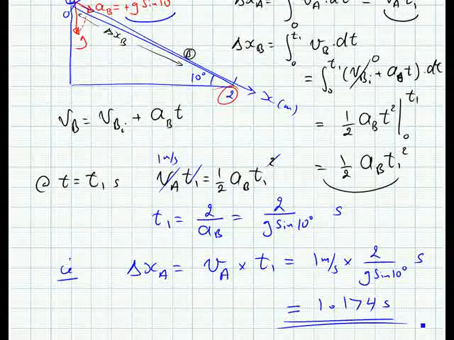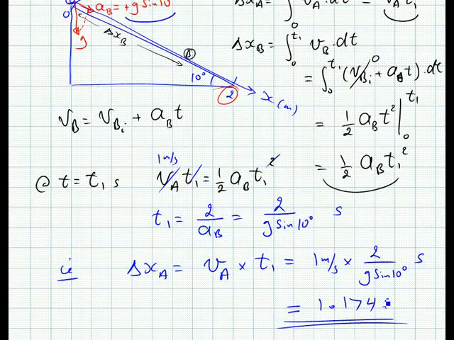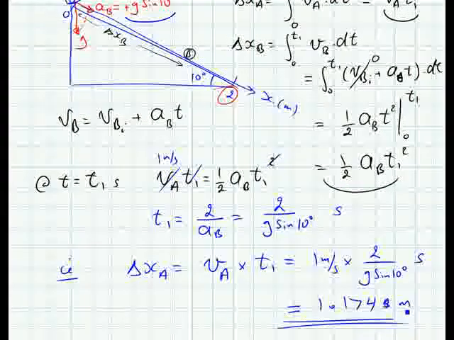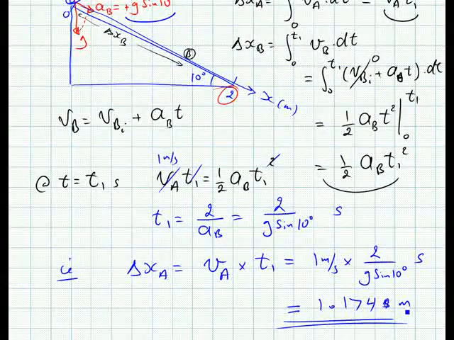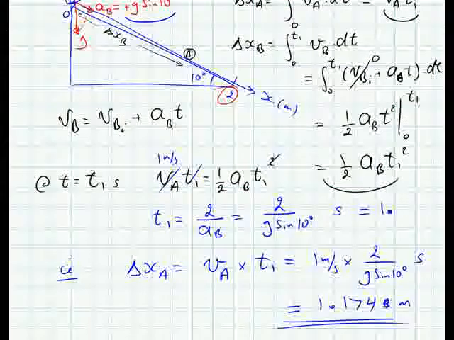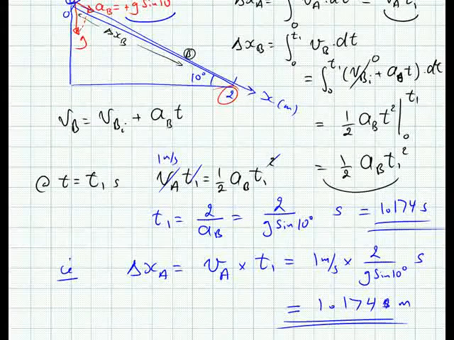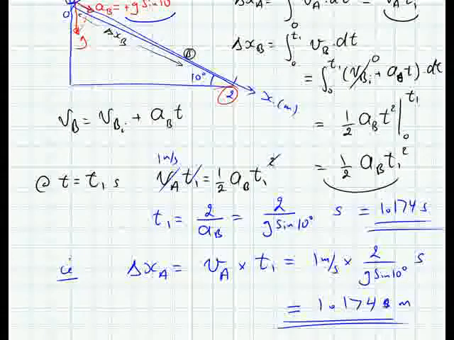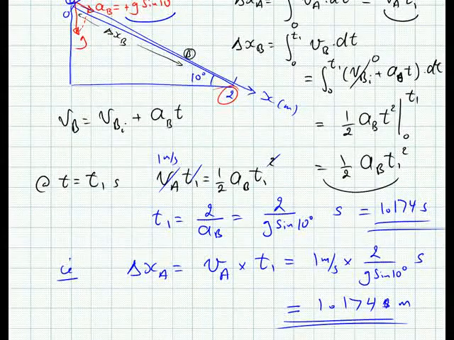Oh, I'm sorry, this is meters now. At 1.174 meters down the ramp, ball B reaches ball A. The other way of looking at it is at 1.174 seconds after we release, ball B reaches ball A.